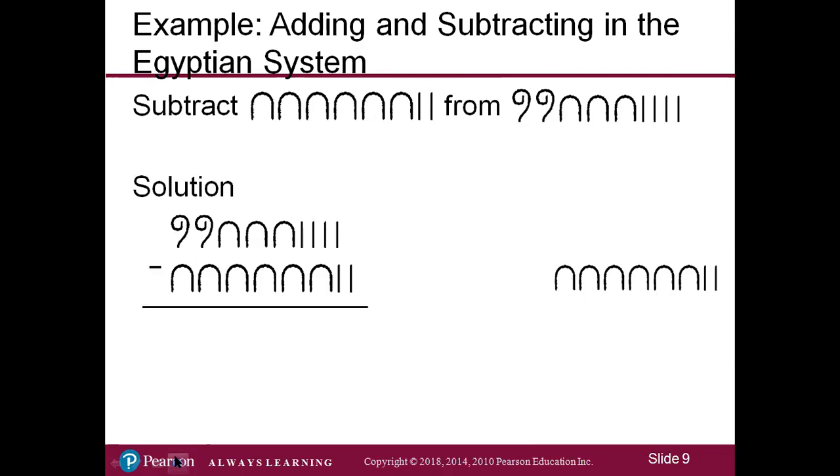We set our solution up stacked just like we do in the traditional borrowing algorithm for base 10 numerals. This time though, we're just looking at the symbols. So we can't take the 6 heel bones symbolically away from the other amount. So we have to rewrite one of the scrolls as 10 heel bones.